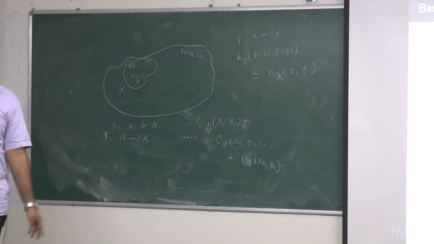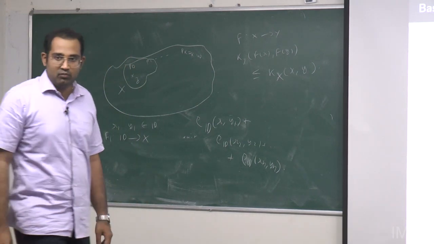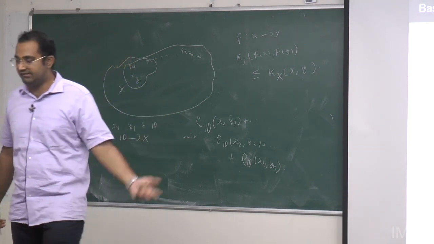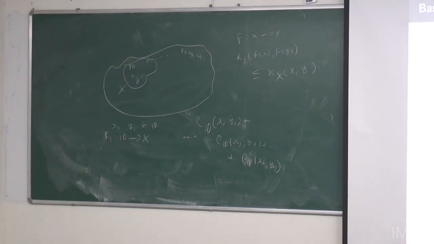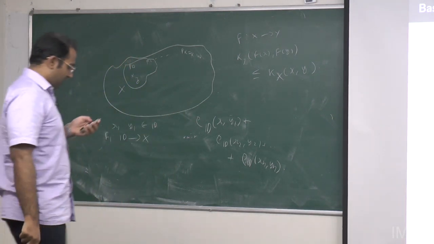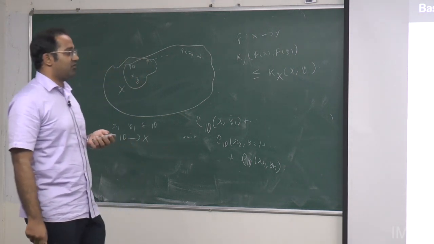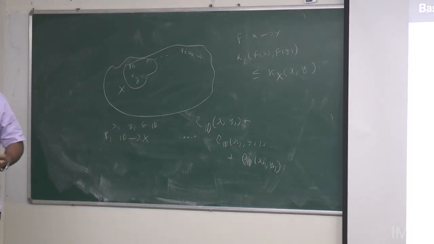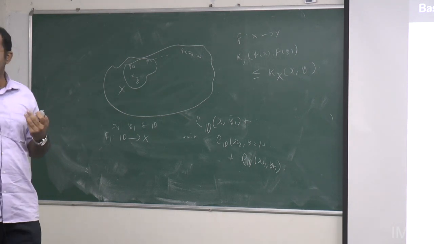So in particular, biholomorphisms will be isometries once you put this distance on both the domain and the target. So exactly as we did for the Carathéodory pseudo distance, one can define the notion of Kobayashi hyperbolicity.